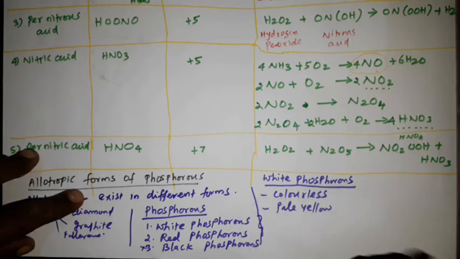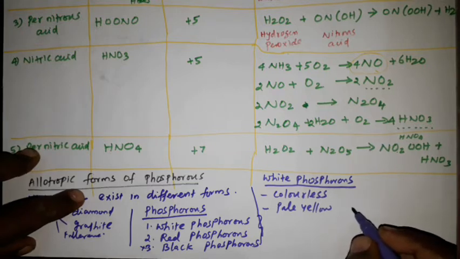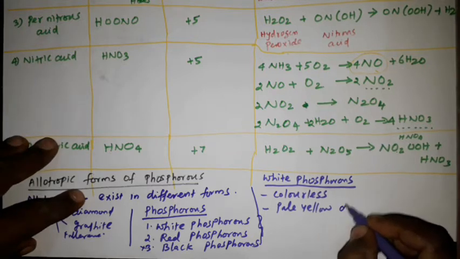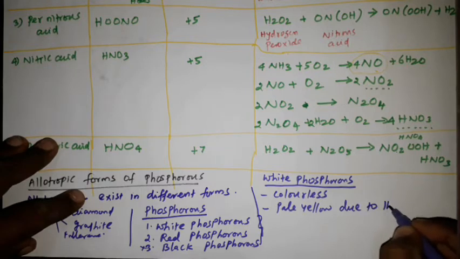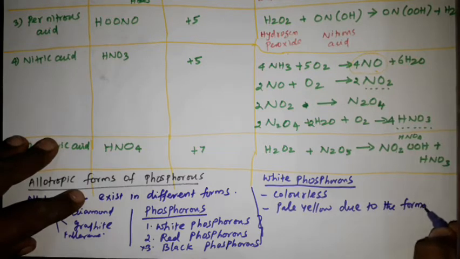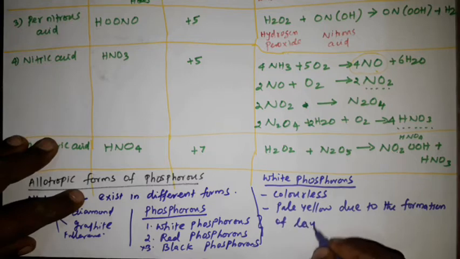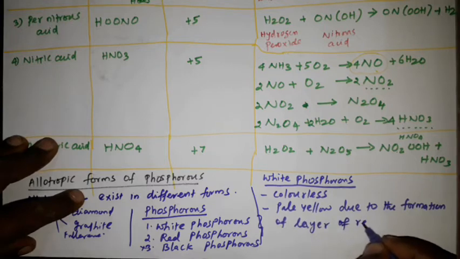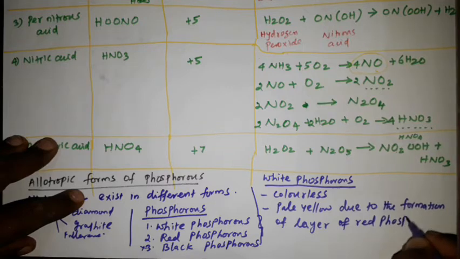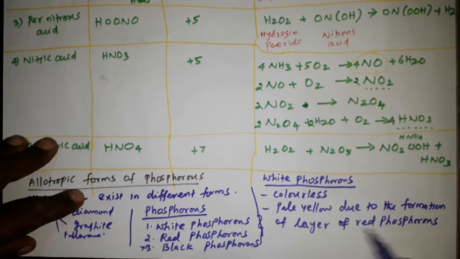During the formation of red phosphorus, it turns pale yellow, due to the formation of a layer of red phosphorus. So it is also called yellow phosphorus.